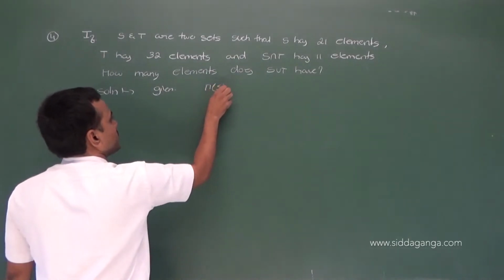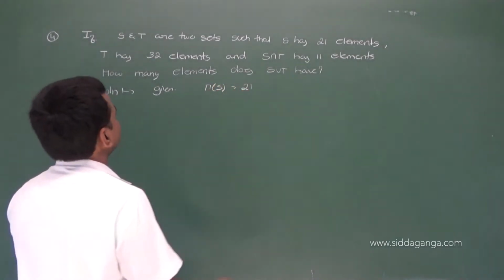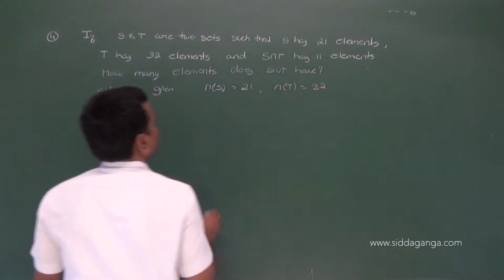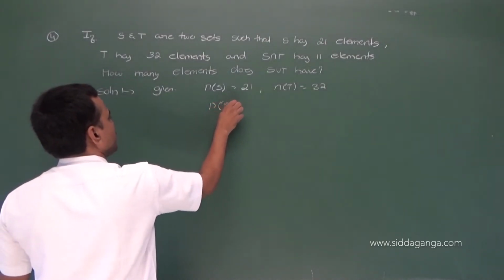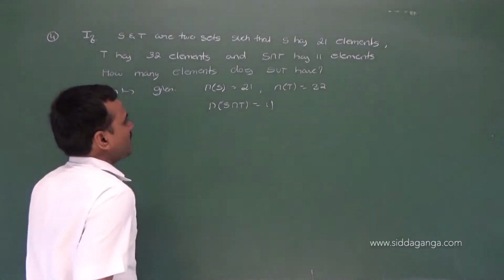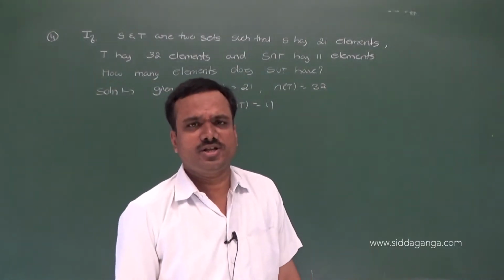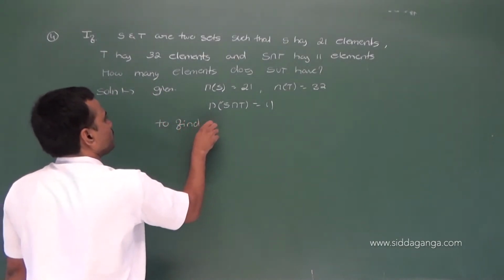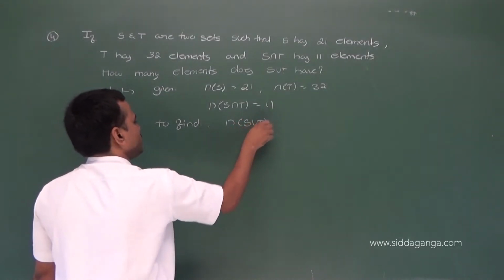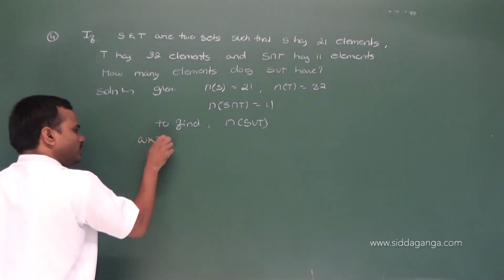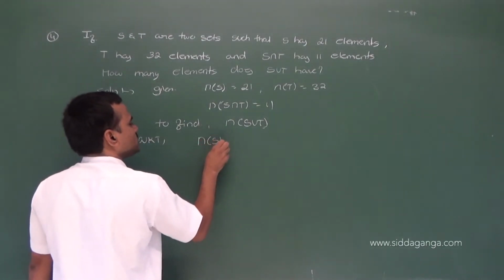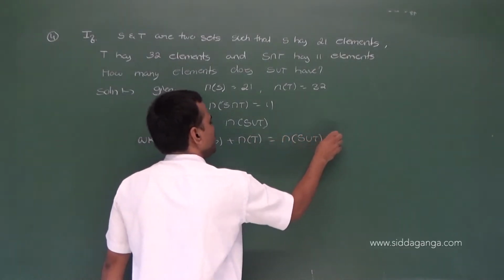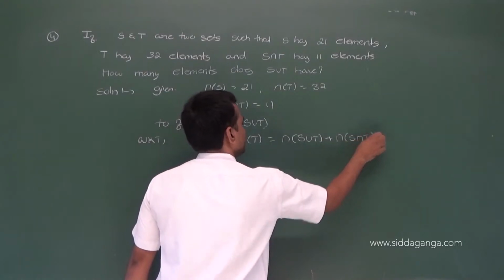N of S is equal to 21. N of T is equal to 32. N of S intersection T is equal to 11. To find N of S union T, we know that N of S plus N of T is equal to N of S union T plus N of S intersection T. Correct?